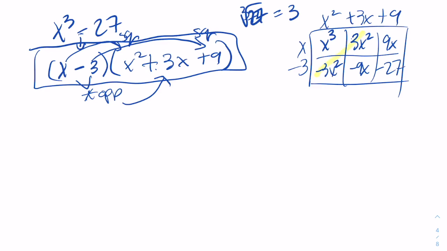So notice these are like terms, and they go to 0. These are like terms, and they also go to 0. So then you would just end up with x cubed minus 27. Okay. So remember when you're factoring that you're really undoing multiplying.